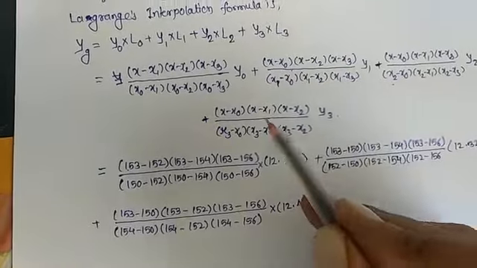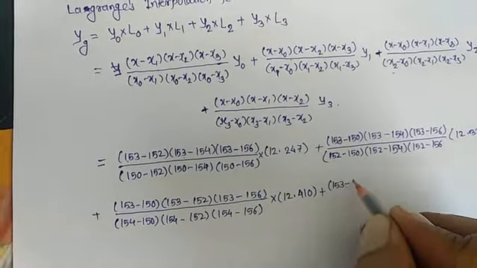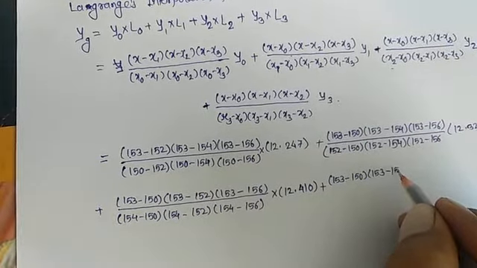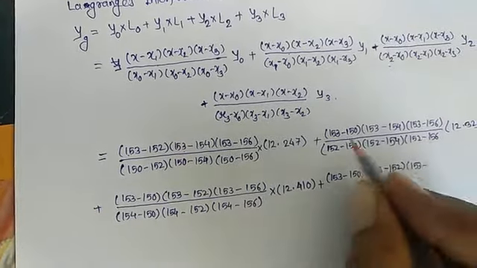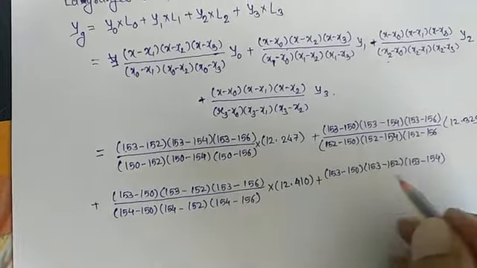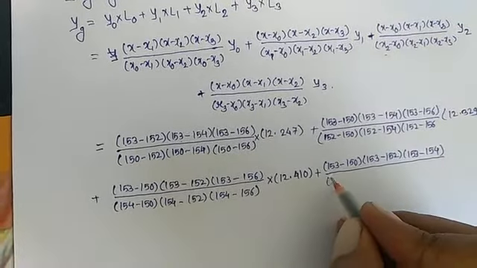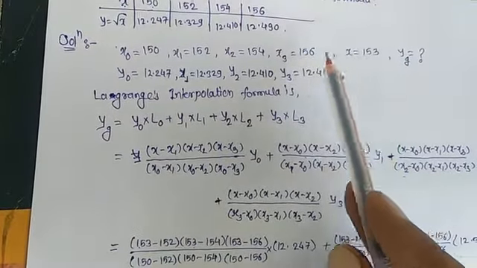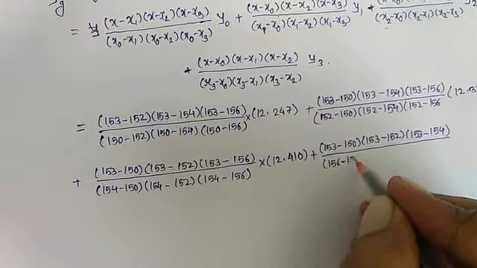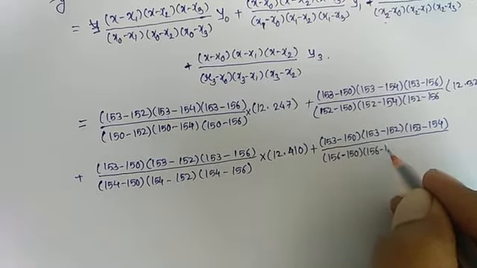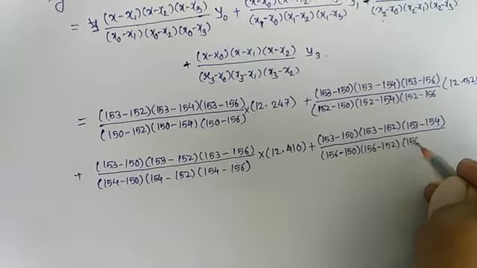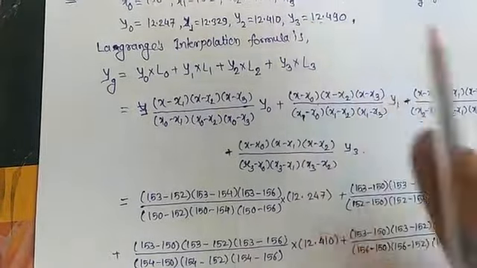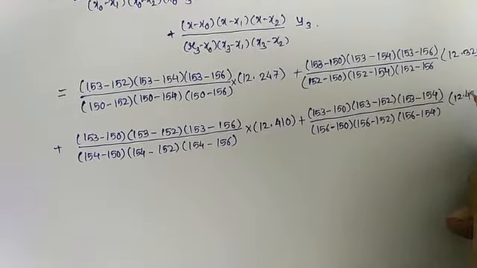and last it is this term, so 153 minus 150, next 153 minus 152, next 153 minus 154, divided by, x3 is 156, so 156 minus 150, 156 minus 152 and 156 minus 154 multiplied by its last value, y3, which is 12.490.